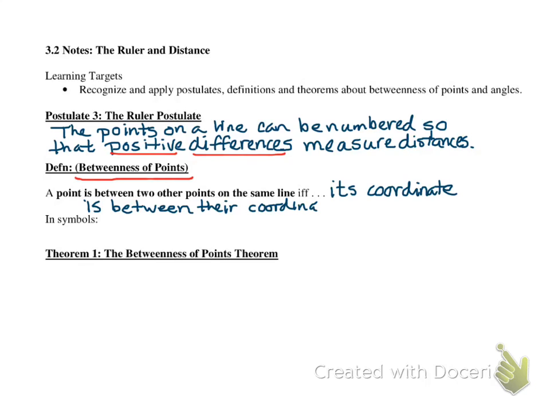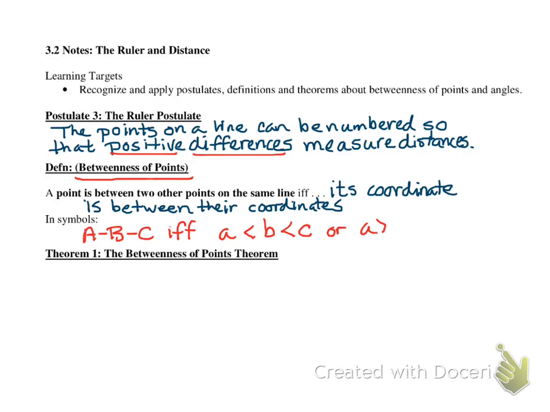Now, the notation that we use for that is A-B-C, but we read that as B is between A and C, if and only if, that's our definition, remember, the coordinate for A is smaller than the coordinate for B, which is smaller than the coordinate for C, or vice versa.